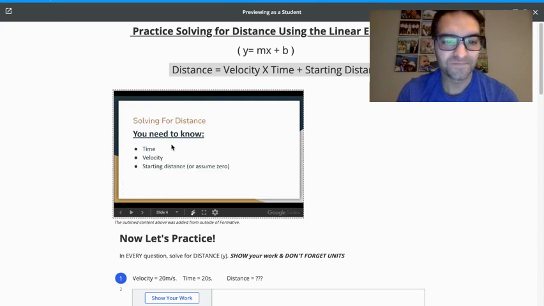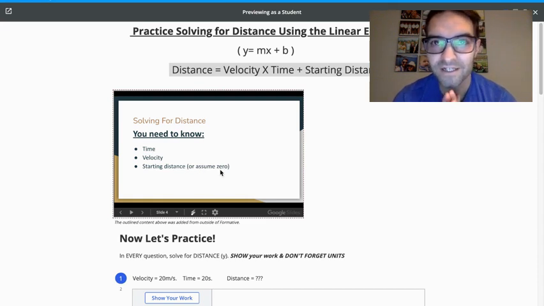So with that, if we are focusing on solving for distance, then that means the scenario or the problem that you're trying to solve is going to provide the time, velocity, and potentially the starting distance. And I say here, starting distance or assume zero.